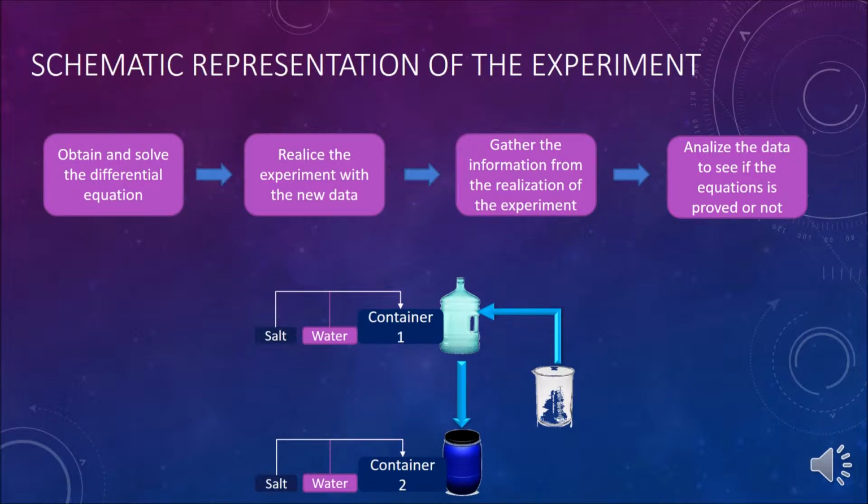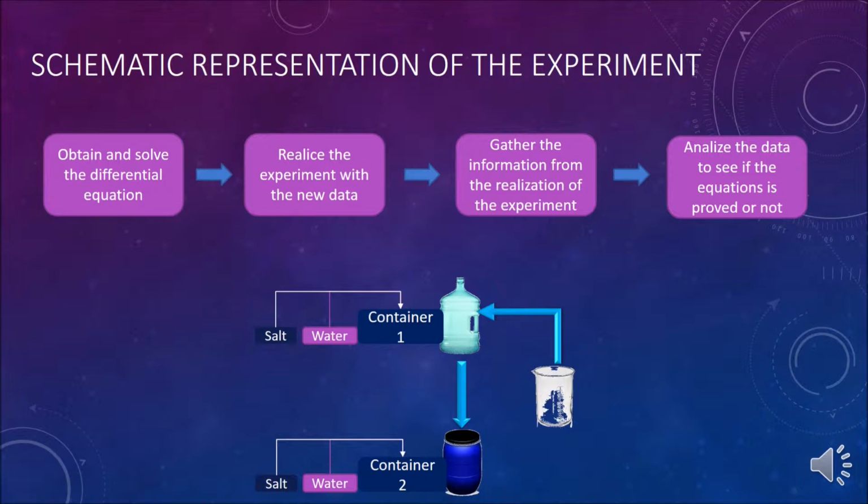The schematic representation of the experiment is with the next steps. First of all, we have to obtain and solve the differential equation of the problem. Then we have to realize the experiment with all the information that we want to prove.